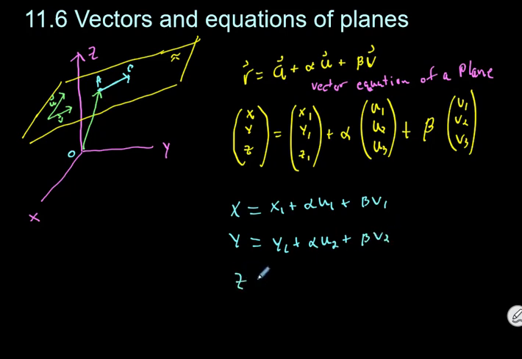And then the z coordinate will be z1 plus alpha u3 plus beta v3. So these are my parametric equations.